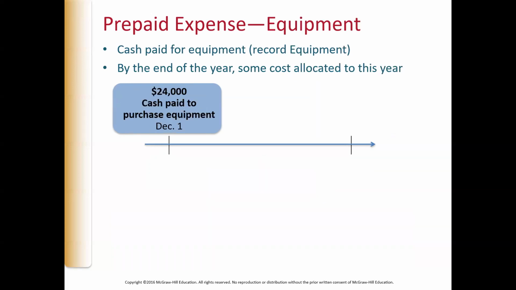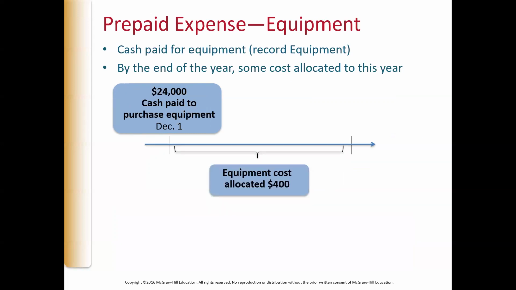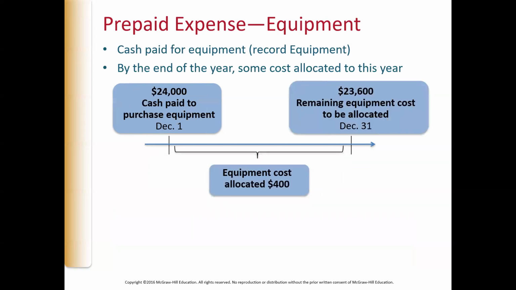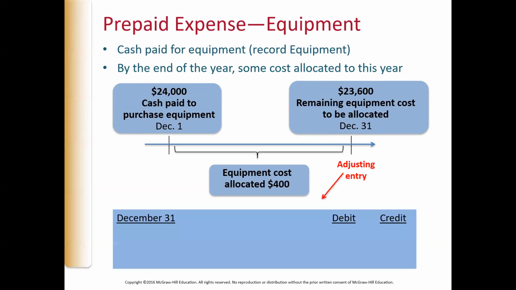Next, equipment. This is a new concept we're talking about right now. $24,000 we purchased for equipment during the period. But by the end of the year, some of that asset's been used up. Even though we treat it as an asset, we still allocate a portion of that equipment that had wear and tear in the form of what we call depreciation.